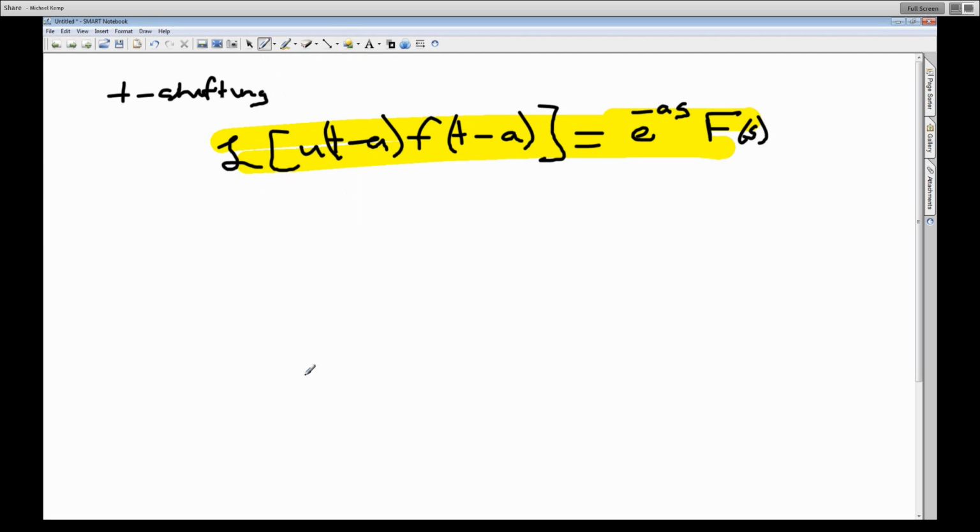So when you shift in the time domain, it multiplies by an exponential in the frequency domain. And if you multiply in the time domain by an exponential, it becomes shifting in the S domain. The other way around, if you multiply the frequency domain by an exponential, you end up producing a shift in the T domain. And so there's some relationship there.